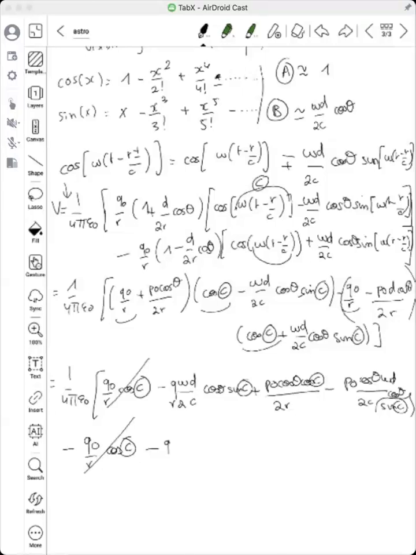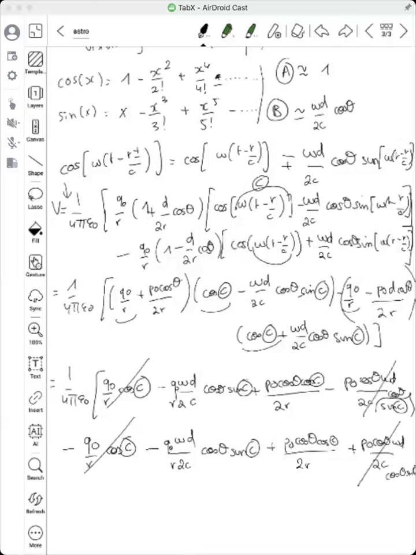Minus Q0 omega D R to C cosinus theta sinus C plus P0 cos theta cosinus C over 2R plus P0 cos theta omega D C cos theta sin C, and this cancels with this.